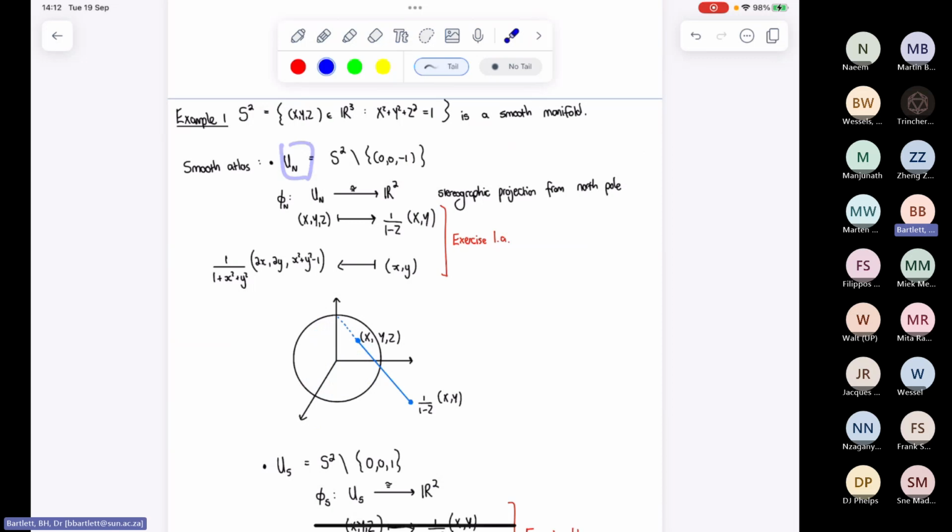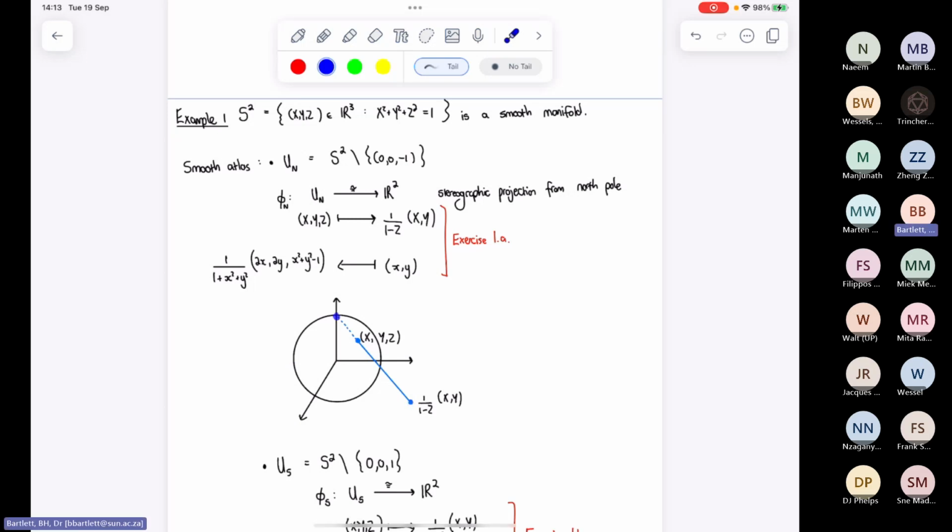U_N is my open set, and the identification of that with an open subset of R^2 is given by stereographic projection from the North Pole. It takes a point on the two-sphere and associates it to a point in the plane. Here's R^2. The point it associates is obtained as follows.